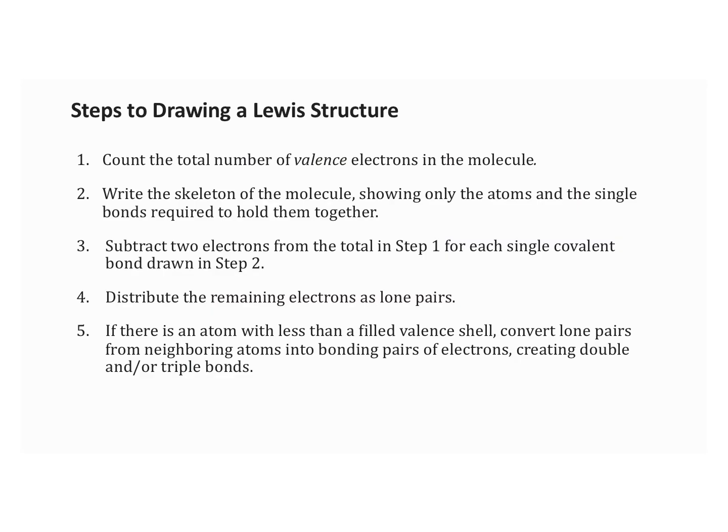So the first thing you want to do, and I have this written out here for you, is count the total number of valence electrons in the molecule. Now, remember, you figure out the valence electrons by looking at the group on the periodic table. Right?